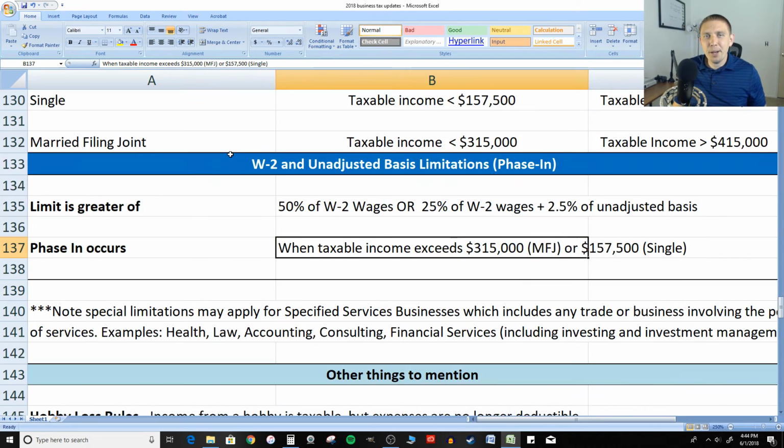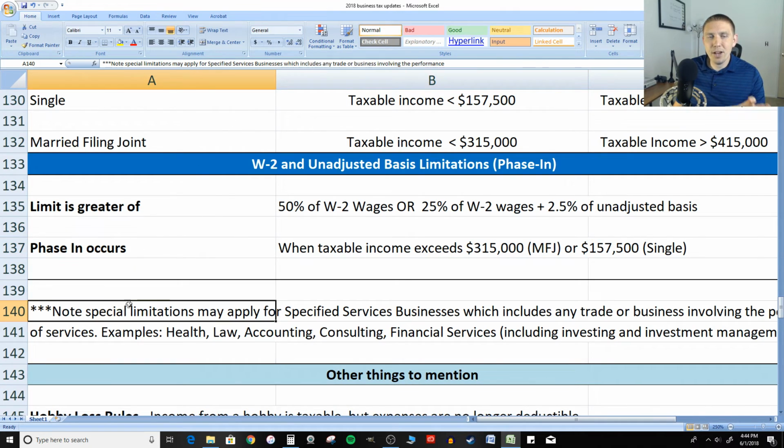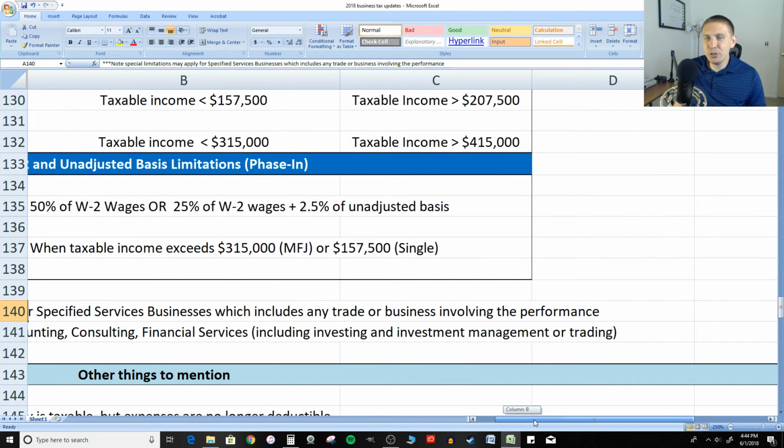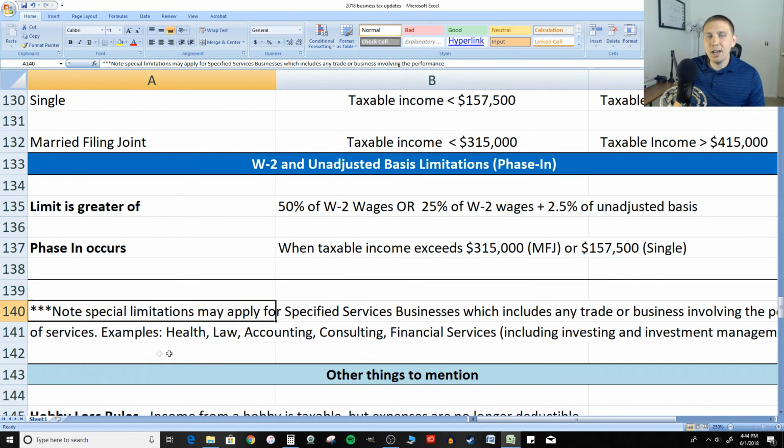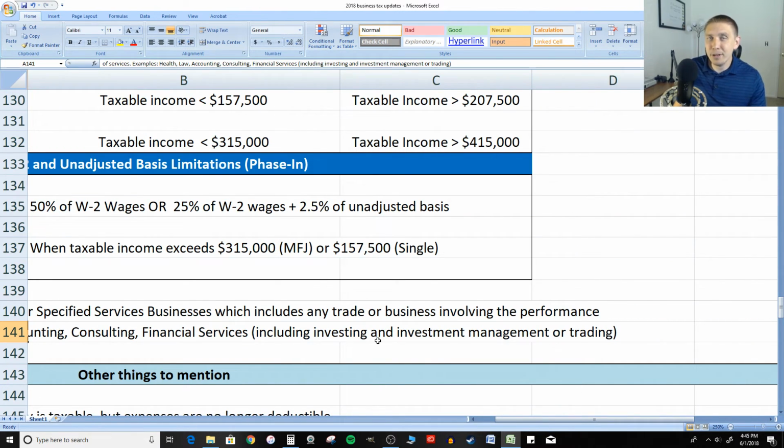A couple things to note: there are a lot of limitations on service-oriented businesses, so I put a note in about that. It says special limitations may apply for specified service businesses, which includes any trade or business involving the performance of services. Examples include healthcare, law, accounting, consulting, and financial services. It also includes investing, investment management, or trading.